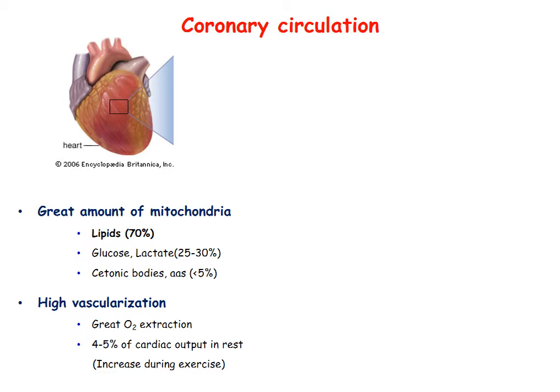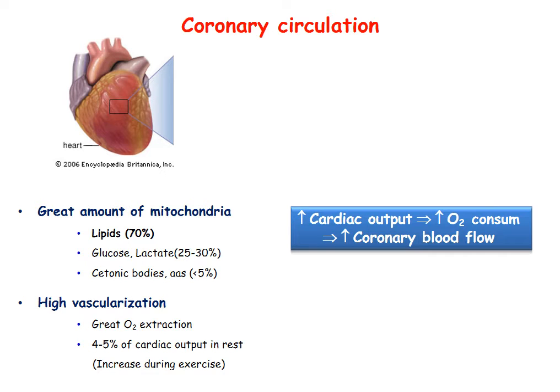And this increases during exercise. Thus, when the cardiac output is increased, there is an enhancement in oxygen consumption, and in order to provide more oxygen to the cardiac muscle, there will be a greater coronary blood flow.